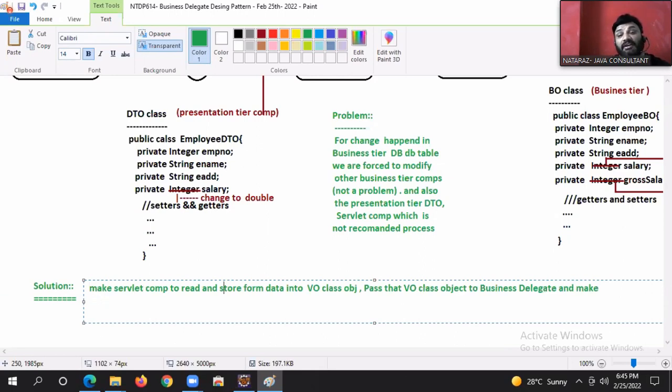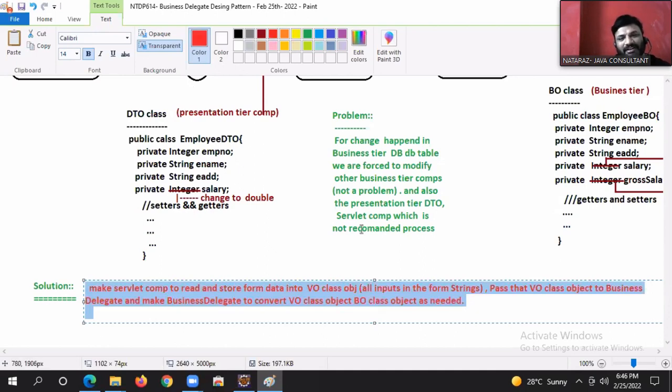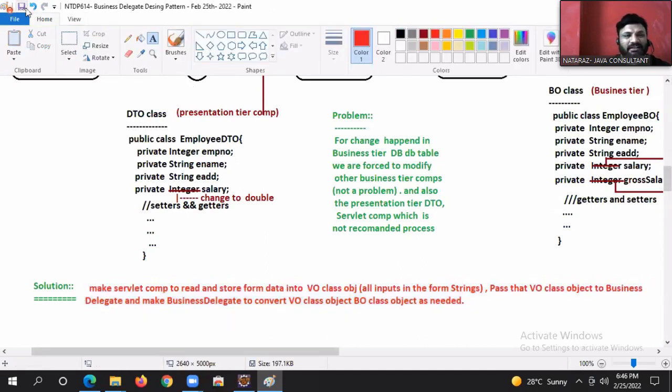VO class object means all string inputs, right? All inputs in string. A few days back we discussed in the form of strings. Pass that VO class object to business delegate and make business delegate convert VO class object to BO class object as needed.